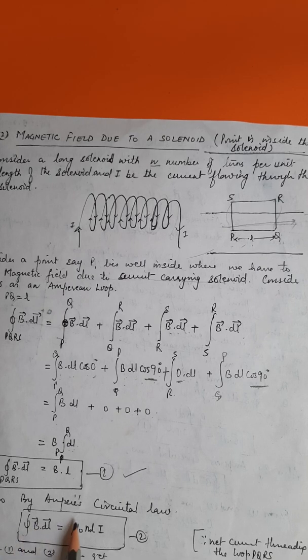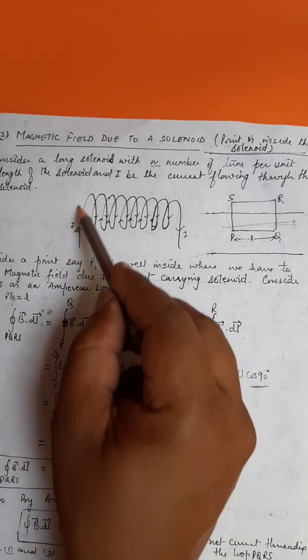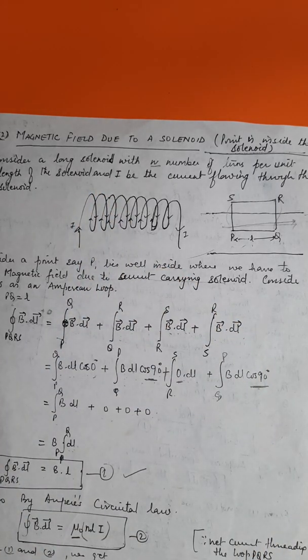Also, by Ampere's circuital law, the closed integral of B dot dl is equal to mu naught times the total current. Now what is the total current here? I is the current flowing through each turn.